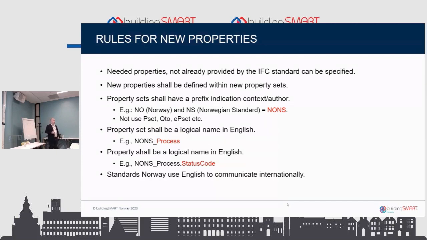And we use English in order to harmonize and communicate. So if we see this is a good idea, after some time we can use the same as an input to buildingSMART. And then you have your property, and this is where you use it.